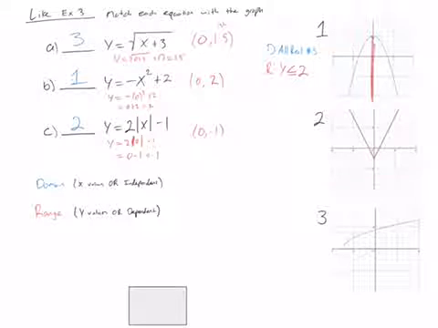Let's go something similar here with number 2. Again, x values, I'm looking at x's I can plug into this equation. Well, there's no restrictions on the absolute value. I can plug any x number I want. So again, the domain on this one is going to be all real numbers.